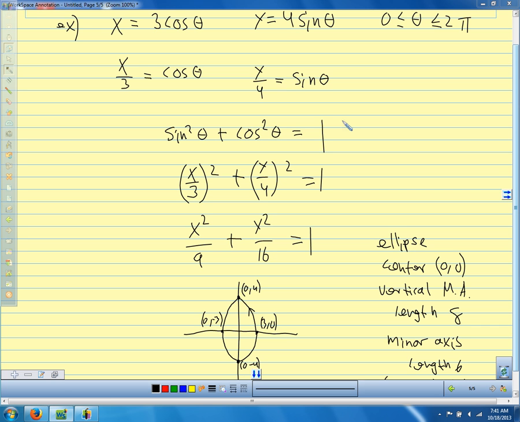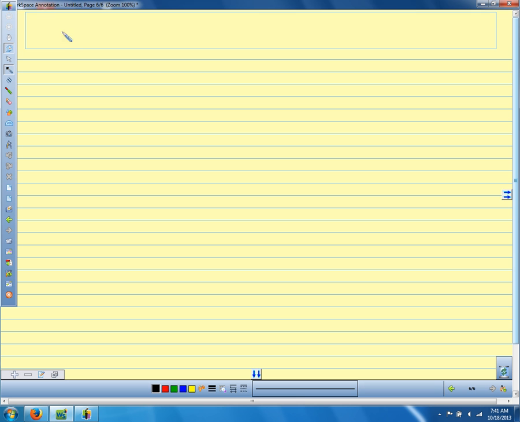Often we're going to want to find a parameterization for a particular curve. We want to find a set of parametric equations that represent a curve. So we're kind of going the other way next.